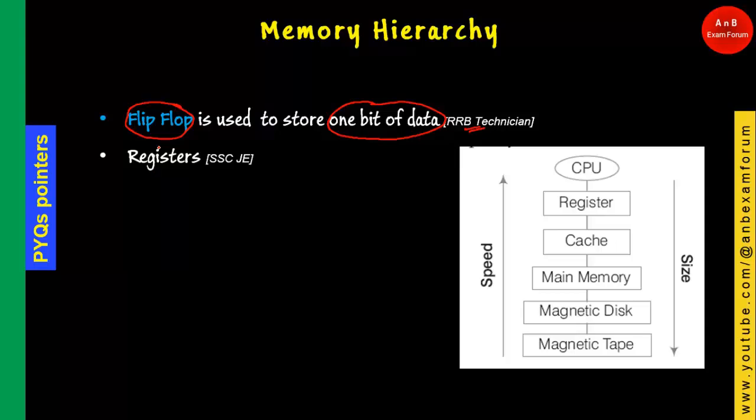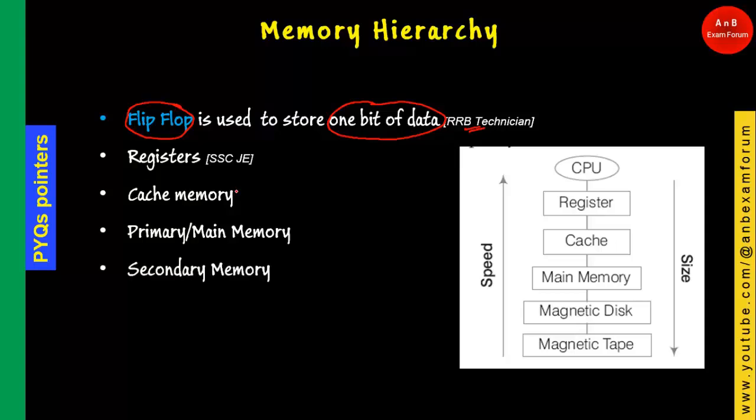Coming to the next one, the register. As the diagram says, the closer you go to the CPU, the faster it is, and the size will increase. So the hierarchy is registers, after that cache memory, then main memory, secondary memory.